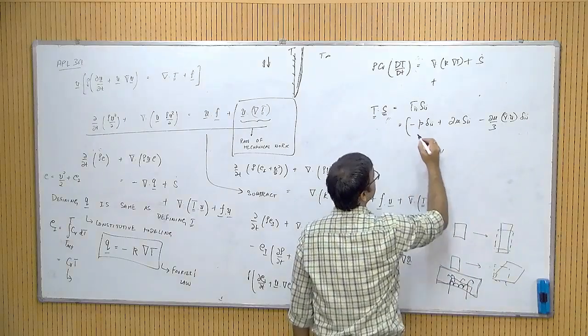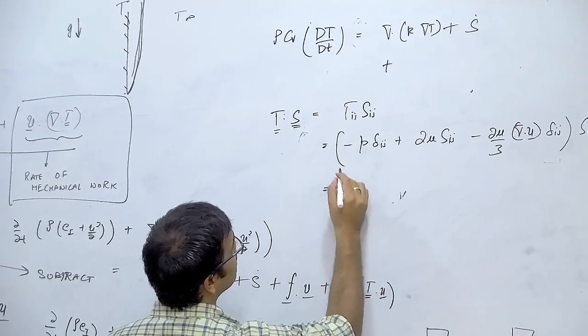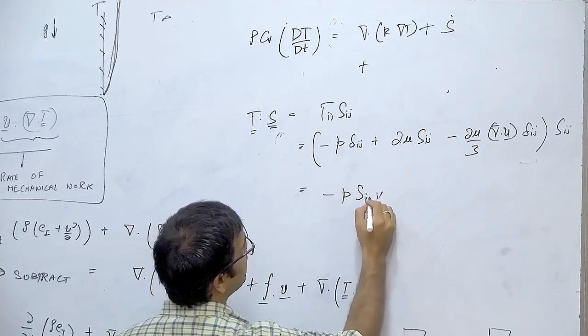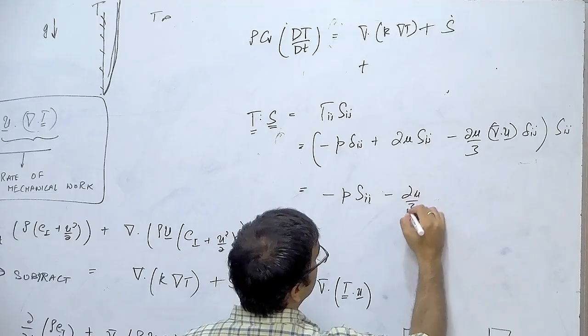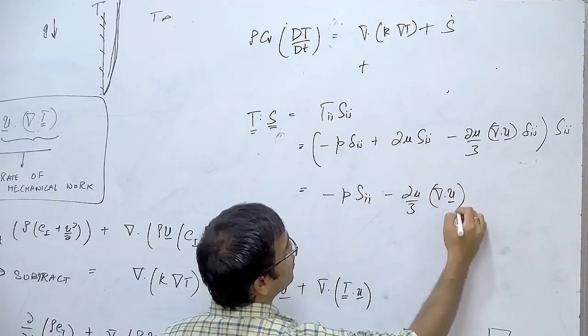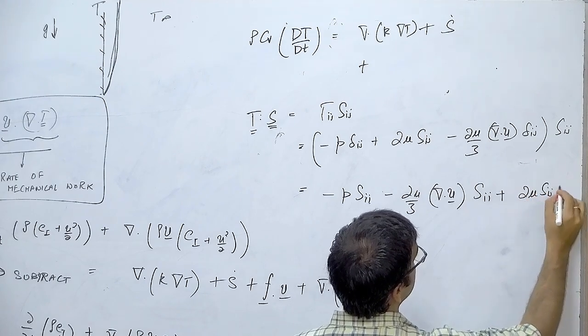So this times Sij gives us minus P Sii minus 2 mu by 3 del dot U times Sii plus 2 mu Sij Sij.